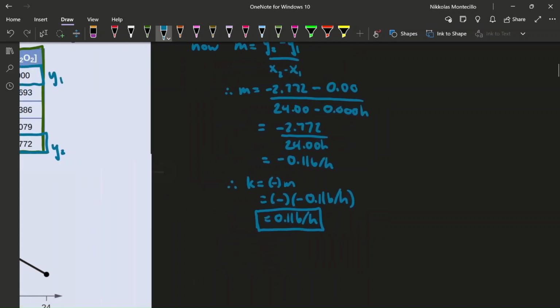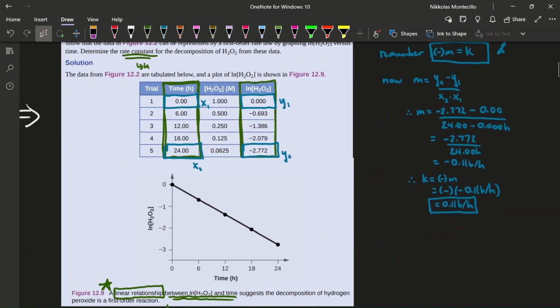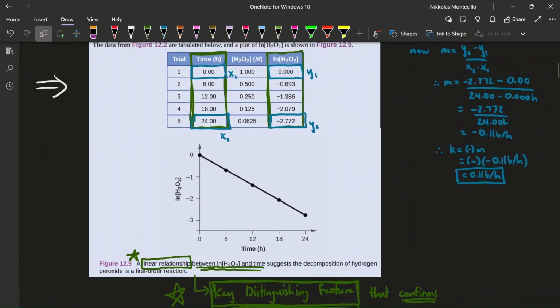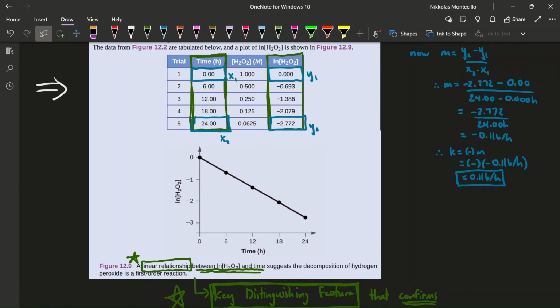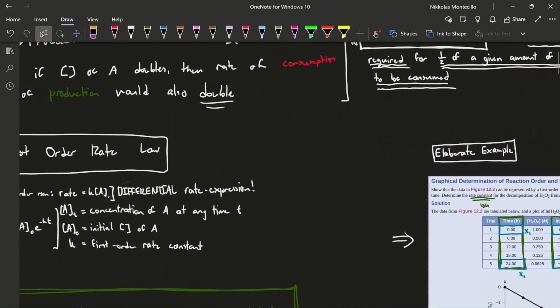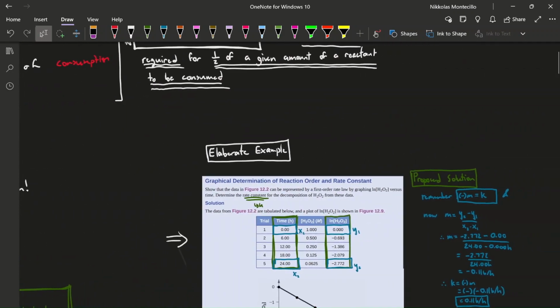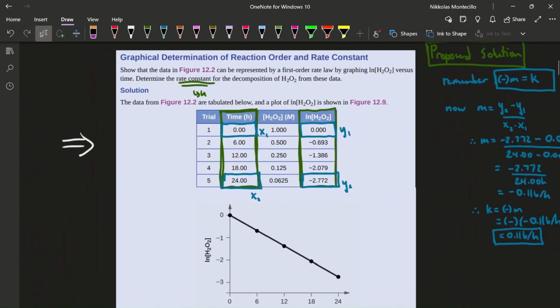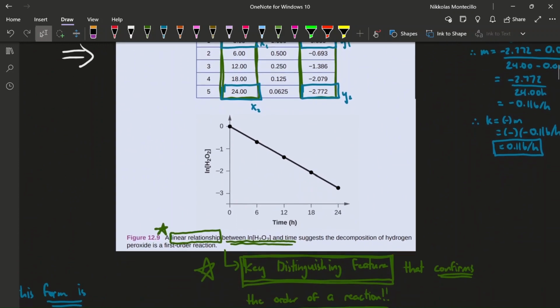Just make sure that you keep this in mind, okay? This is a very important recurring theme: when we plot these values on a graph, we see a linear relationship between the natural logarithm of the concentration of H2O2 and time, right?